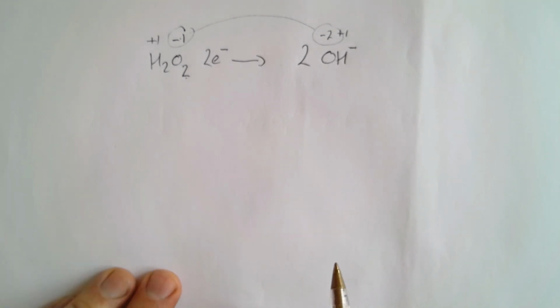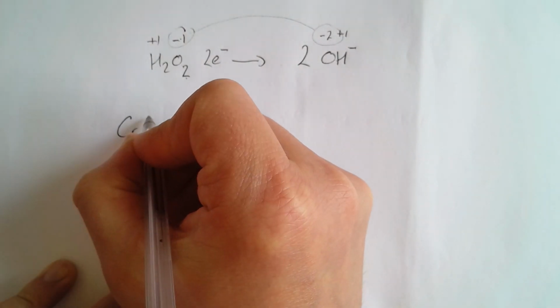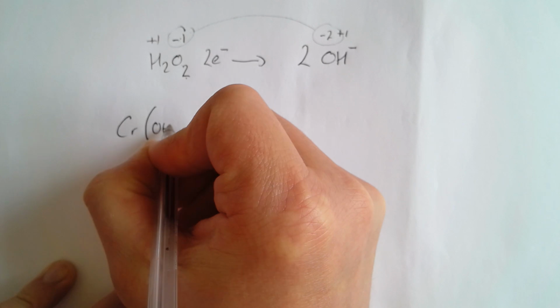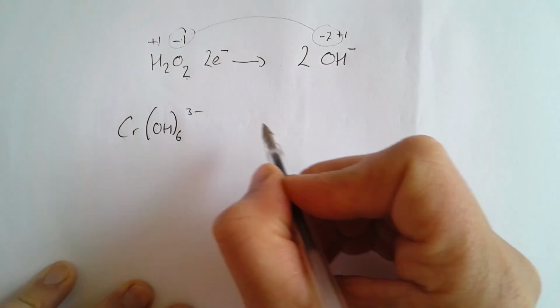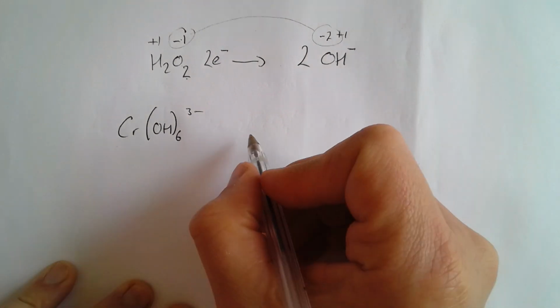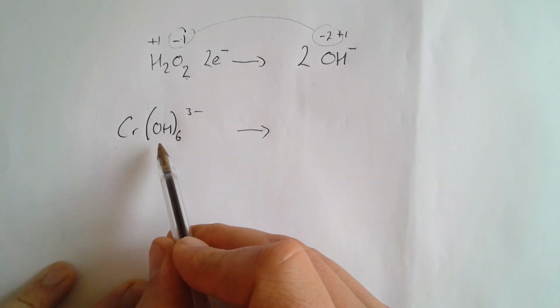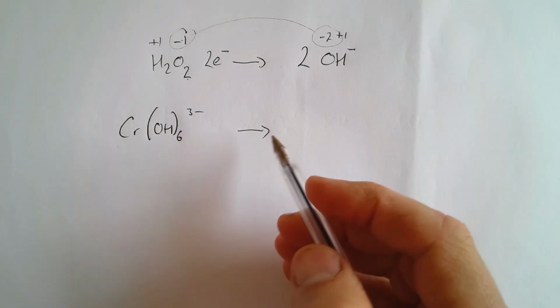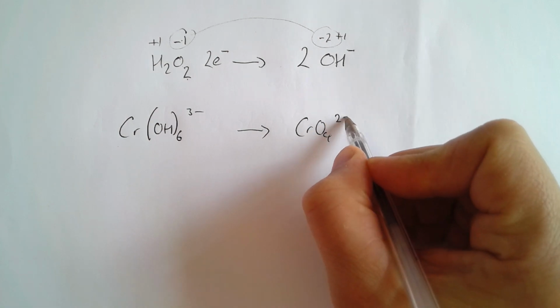Now at the same time, we have our chromium. Okay, so this is 3- overall. Now, this substance here, over the course of the reaction, as we add our hydrogen peroxide, becomes a chromate ion.